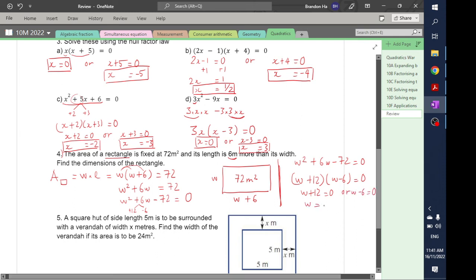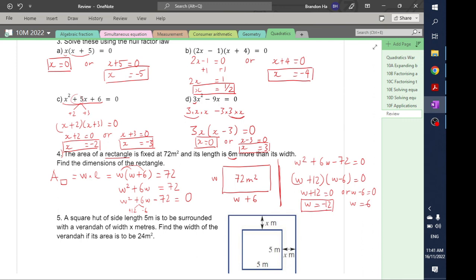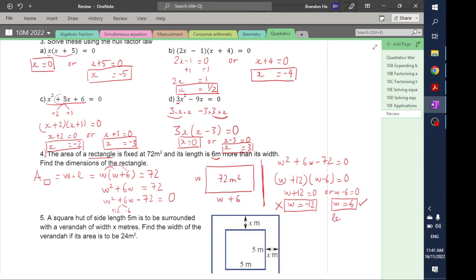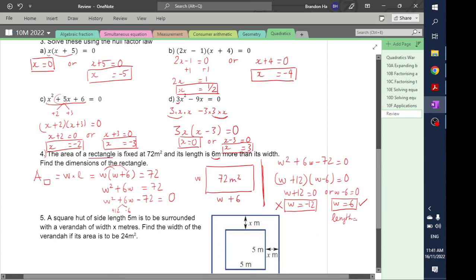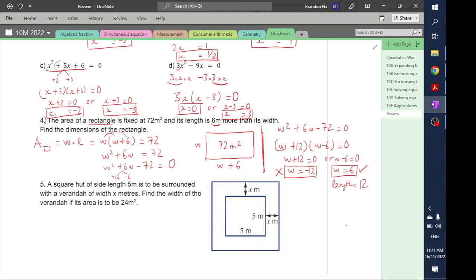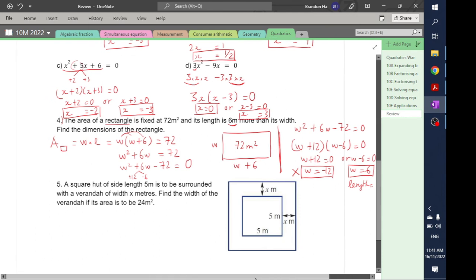So width equals negative 12 or width equals 6. We say this one is not the solution because it's negative. So this is our real solution, right? So we got width equals 6 and length equals 6 plus 6, that is 12. Clear? Okay.